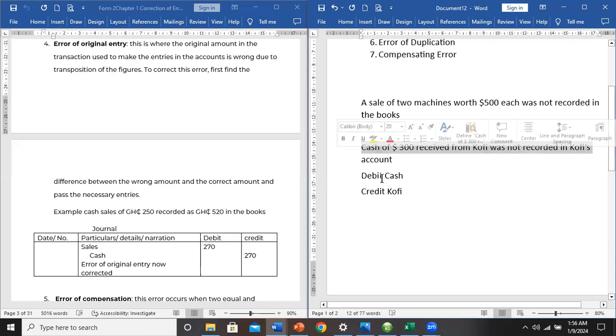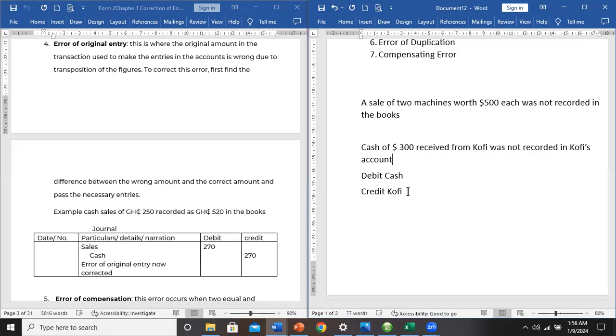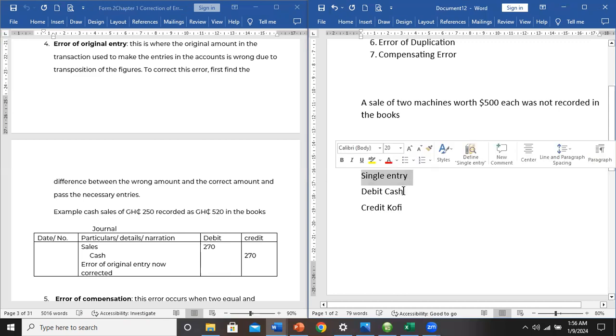If the cash was not debited, then the statement would have given us more details in that regard. So this is an error of what we call single entry. In other words, the bookkeeper did just one part of the double entry.